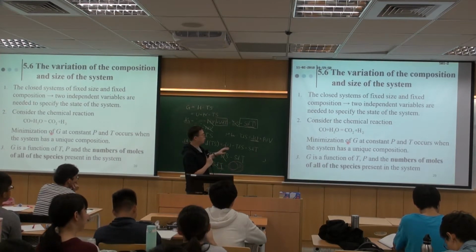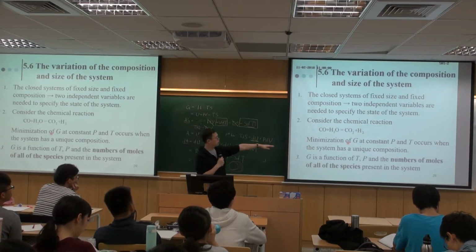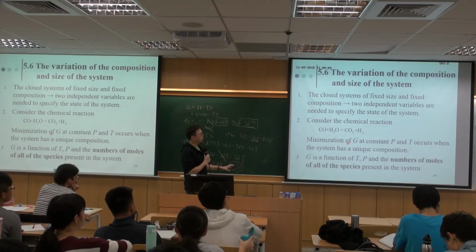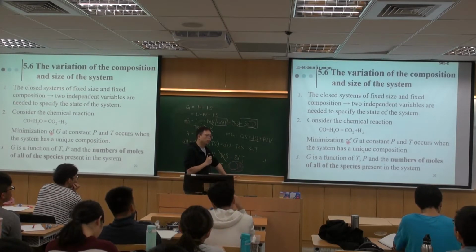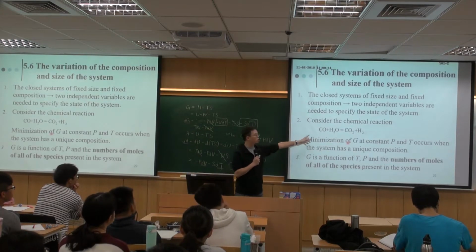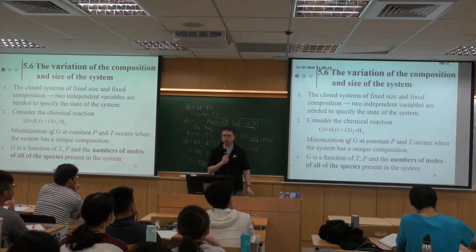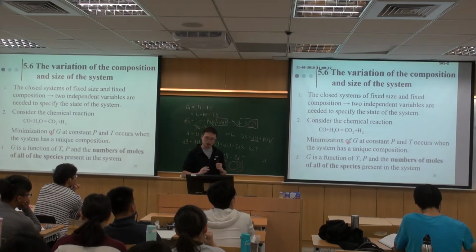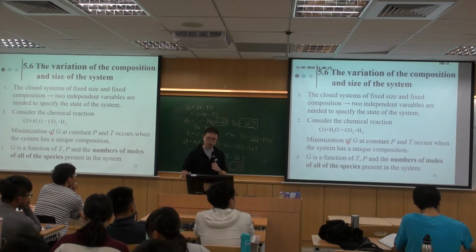So when that equilibrium is reached, the Gibbs free energy is minimized. But it also means that the Gibbs free energy will be affected by the concentration of all these chemicals. The composition of all these chemicals will change the Gibbs free energy.